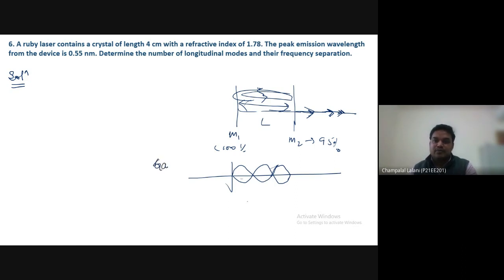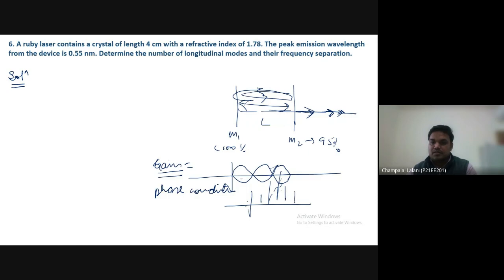I hope if you saw the videos of Anand Srivastava sir, you have seen that if you satisfy the gain and phase conditions, then only it will come out. So only some number of lights can come out of the laser.